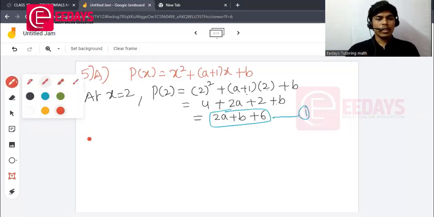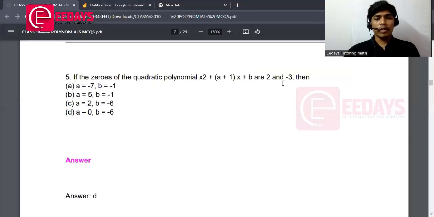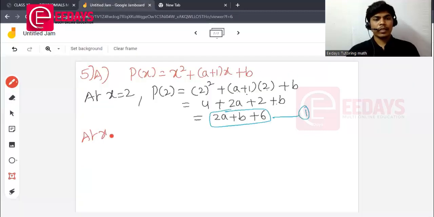Now they gave one more zero, -3. Am I audible, everyone? All right. So at x is equal to -3, substitute over there.